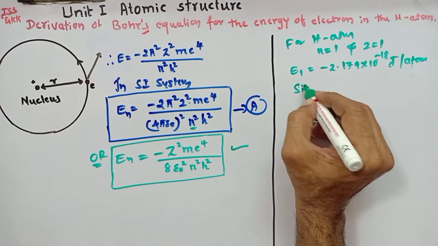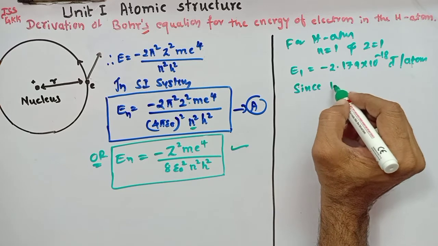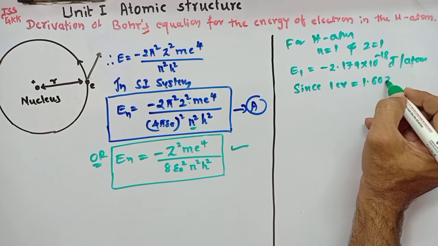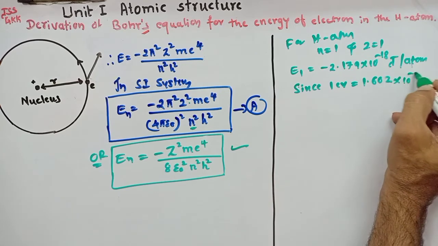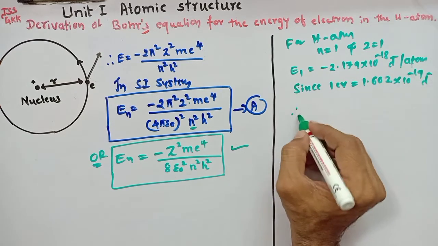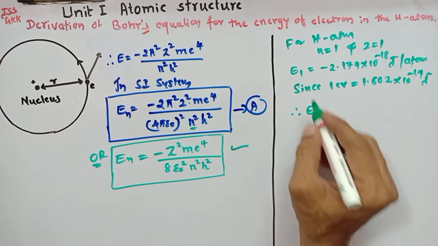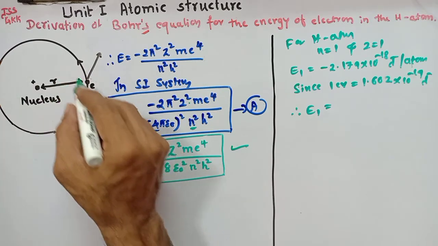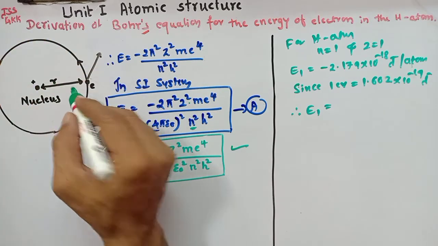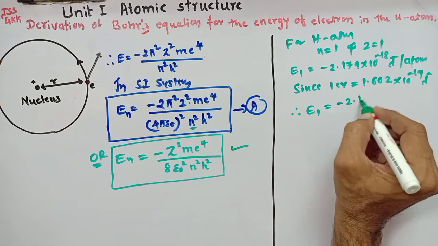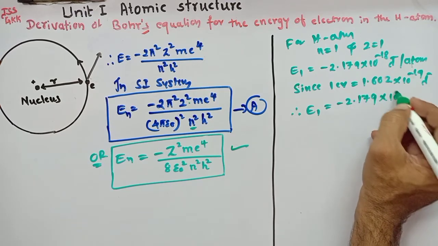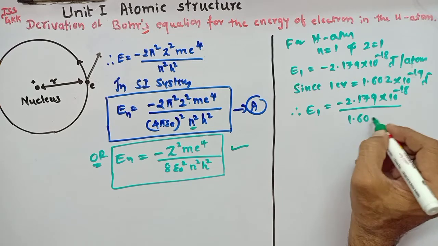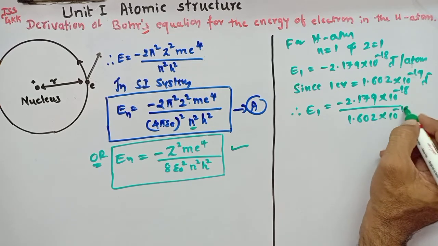Now since 1 electron volt is equal to 1.602 into 10 raised to minus 19 joules, therefore the energy associated with the first orbit of the hydrogen atom is equal to minus 2.179 into 10 raised to minus 18 divided by 1.602 into 10 raised to minus 19.